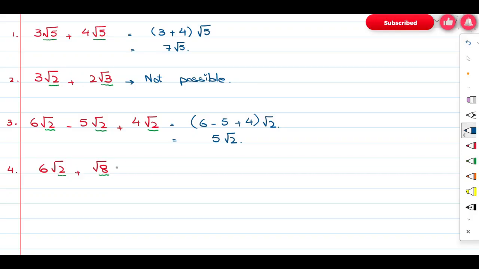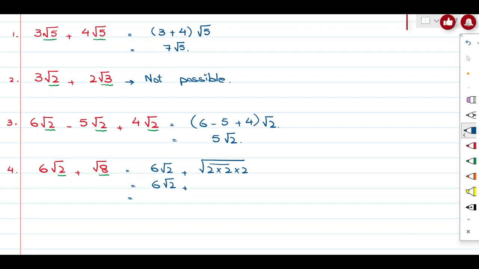Let me write this down. Here 6 square root of 2 is as it is. We can decompose 8 as 2 times 2 times 2. We know that 2 cubed is 8. Now we have to make these into pairs. So here we have 6 square root of 2 plus the square root of 2 squared multiplied by 2.